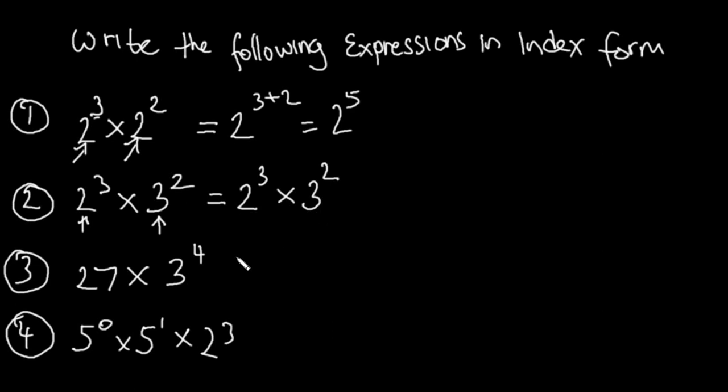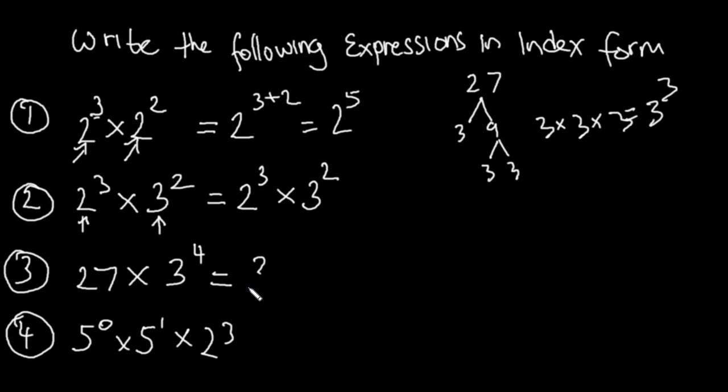Alright, so in our next question, we have 27 times 3 to the 4. Well, we know 27 is 3 times 9, and 9 is 3 times 3, so 27 must be 3 times 3 times 3. If we write that in a tree form, let's say we had 27, and we know 27 is 3 times 9, and we know 9 is 3 times 3, so we have 3 times 3 times 3, so 27 is 3 to the 3.